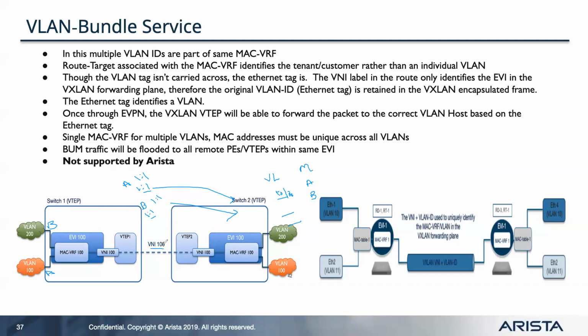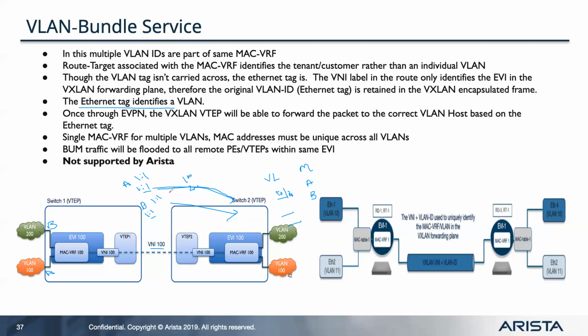Now to identify that, it also adds the Ethernet tag. Okay. So when we send out this update information, it also adds the Ethernet tag, which is nothing but for VLAN 100, Ethernet tag is, let's say 100. And for 200, let's say Ethernet tag is 200.